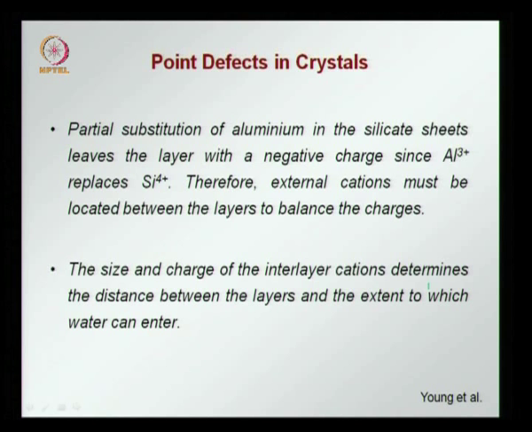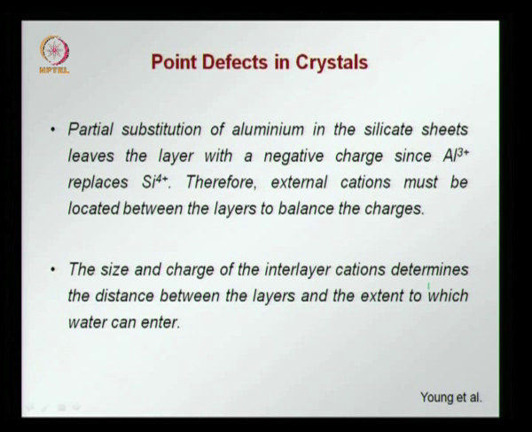So, as we said, the partial substitution of aluminum in the silicate sheets of the clay leaves the layer with a negative charge, since the aluminum 3+ replaces silicon 4+. Therefore, external cations must now be located between the layers to balance the charge.